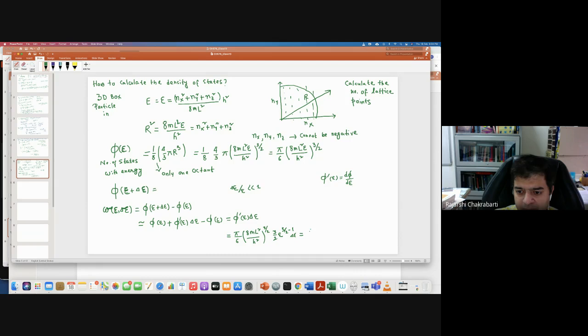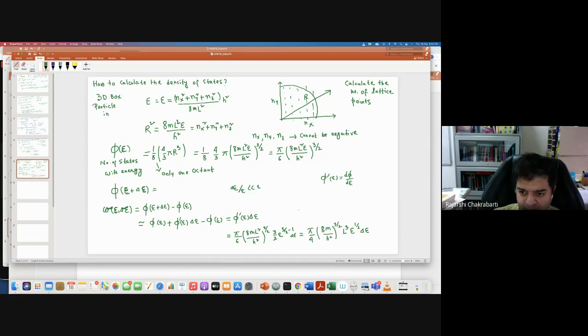This will give you pi by 4 times 8m by h square to the power 3 by 2, L cube, epsilon to the half delta epsilon. Is this clear?